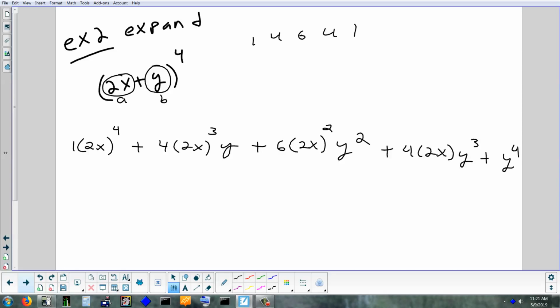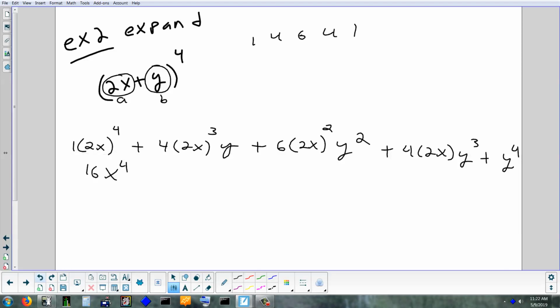Now, because this one had, basically within the binomial, the first term had 2 factors, 2 and an x, so we have to do that out. So remember, you raise each factor to the power. So 2 to the fourth gives me 16, and then x to the fourth is just x to the fourth, and I would multiply by the number in front after.